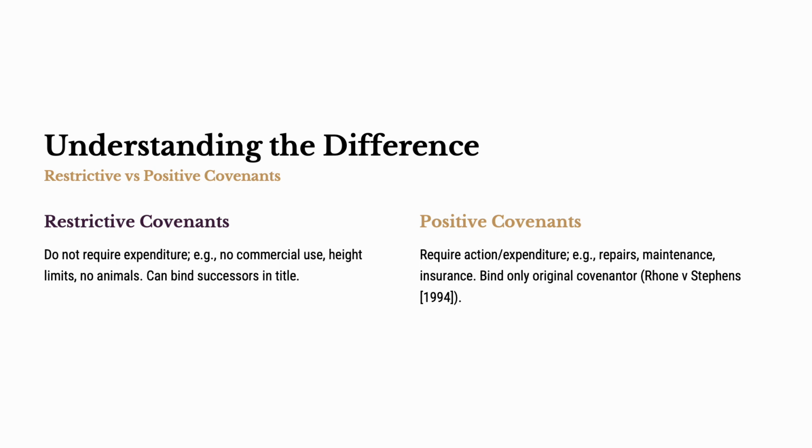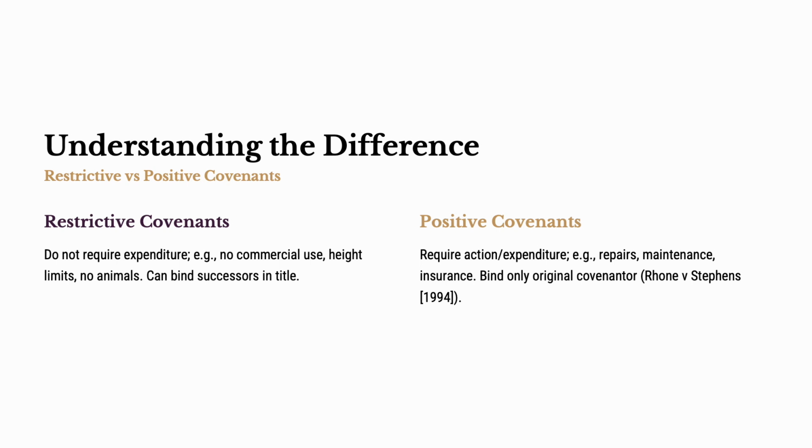Examples include a covenant not to use land for commercial purposes, not to build above a certain height, not to keep animals, not to erect fences, not to alter something in a certain way. So the key characteristic is that compliance costs nothing. You comply simply by refraining from the prohibited activity. Restrictive covenants can bind a successor in title under the rule in Tulk v Moxhay. We will talk about it.